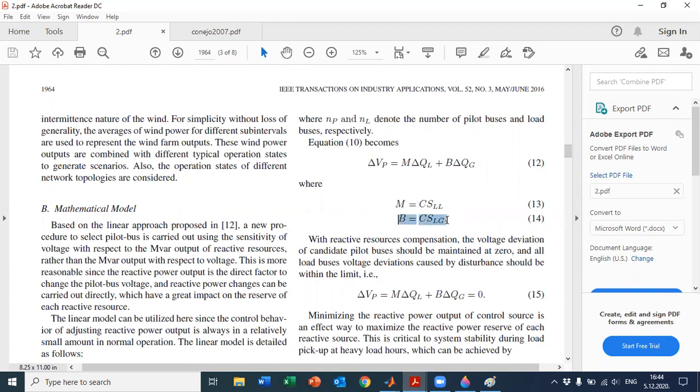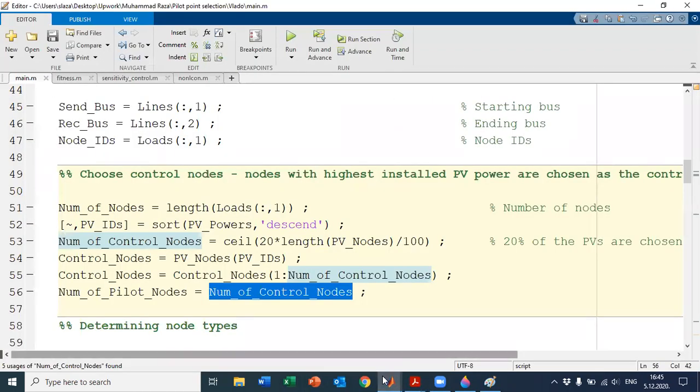Because here we have the sensitivity matrix which connects the loads with the generators, and the generators are control nodes. So for this matrix to be invertible, the number of generator nodes, or control nodes, needs to be equal to the number of pilot nodes. So don't forget that.